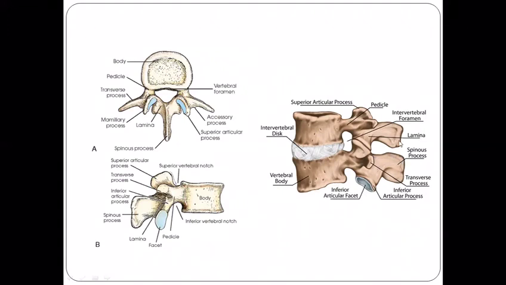The tip of it gives attachment to the posterior layer of the thoracolumbar fascia, and the remaining part of the spinous process gives attachment to the supraspinous and interspinous ligaments. So that's all with the spinous process.